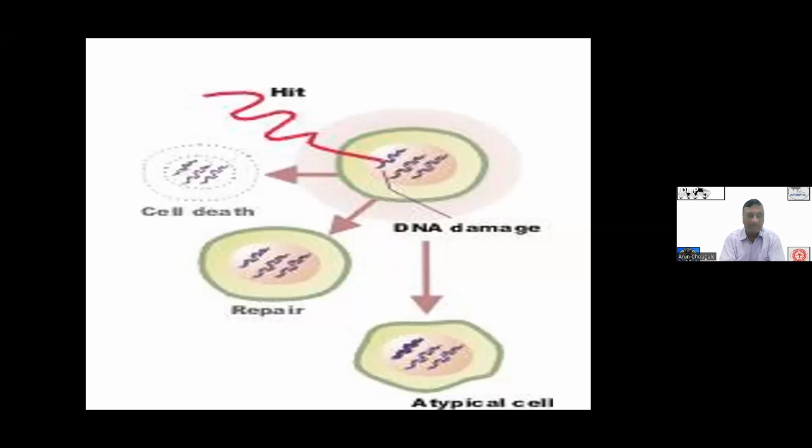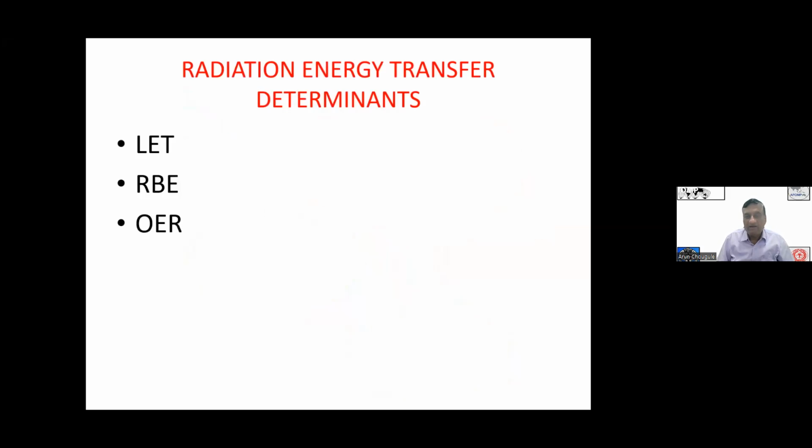So three possibilities are there: lethal, where cell death occurs; repair takes place and the cell functions as a normal cell again after the radiation; and the third possibility is that DNA damage and mutation take place, and the cell functions as an atypical cell. Now we'll see the components which are determinants in radiation biology, the radiation effect.